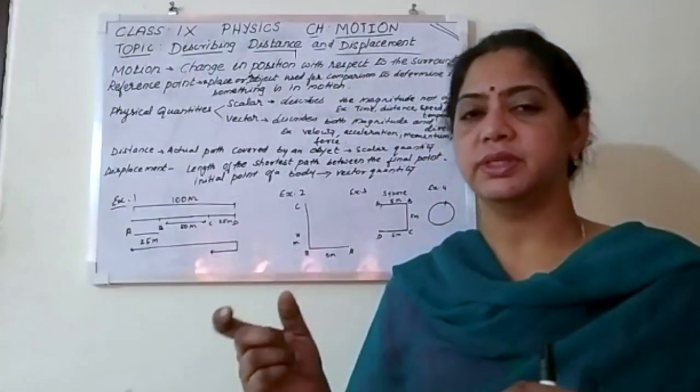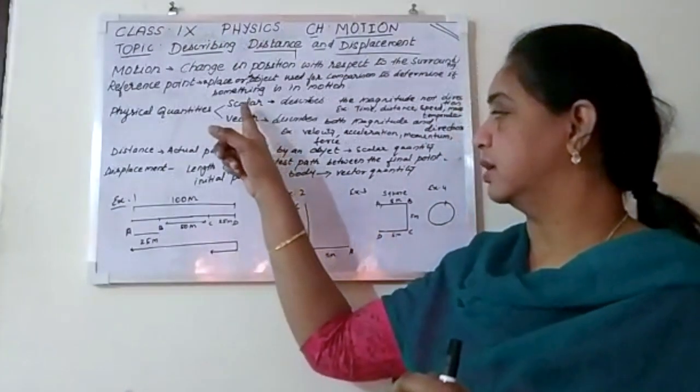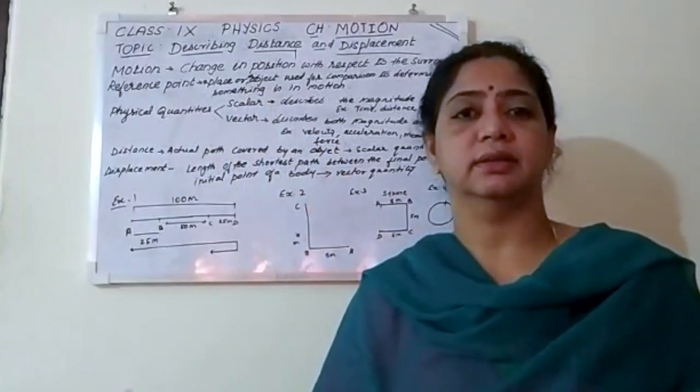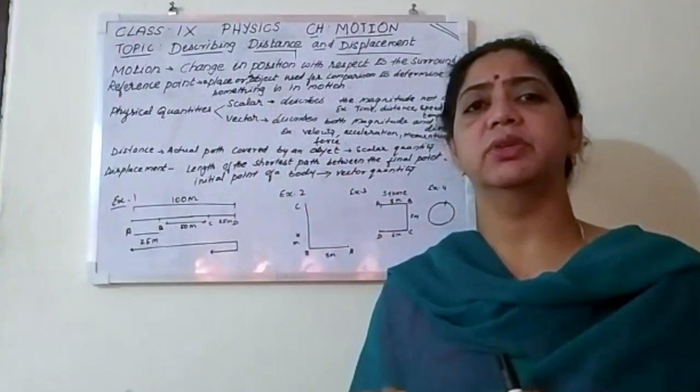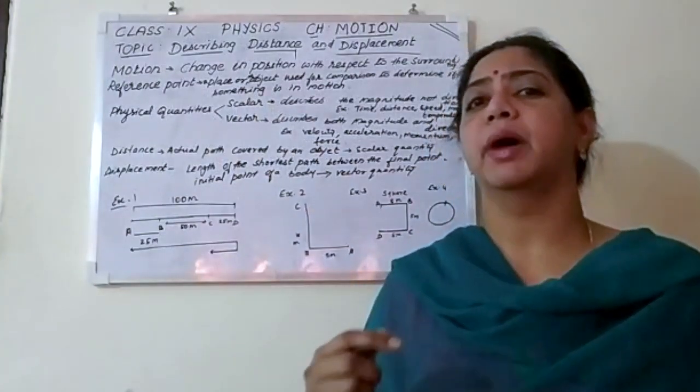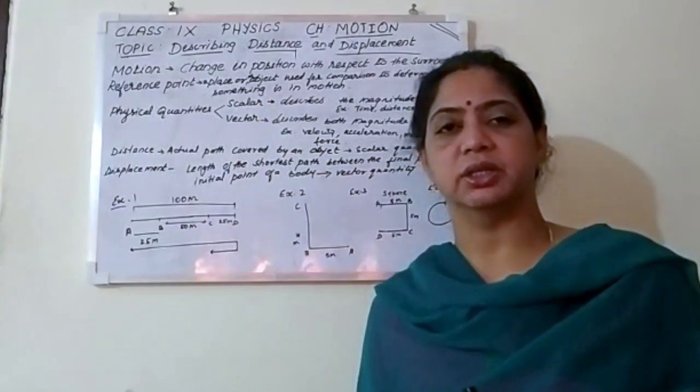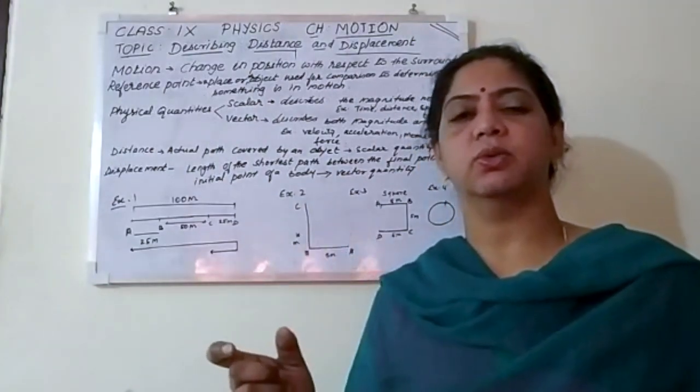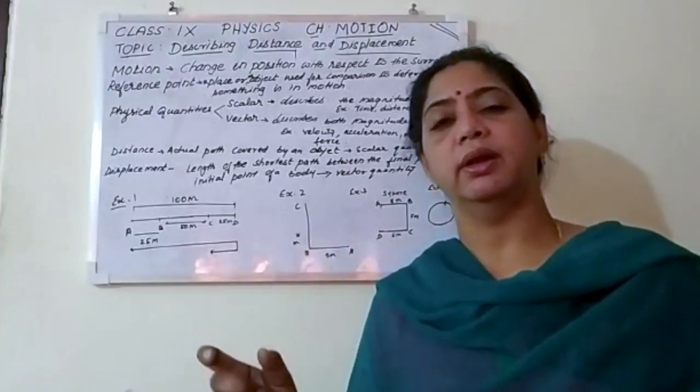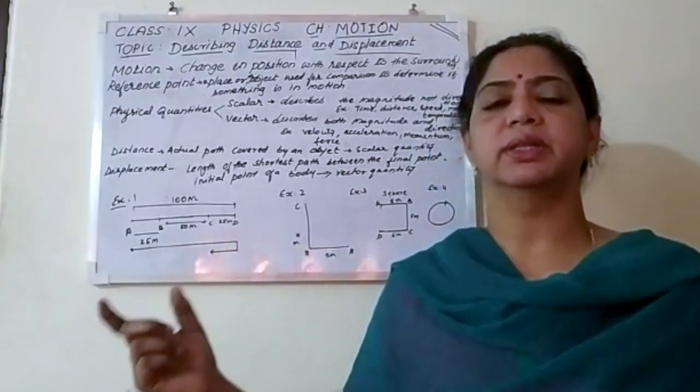So distance is the physical quantity which comes under scalar. What do you mean by scalar? Which shows only the magnitude but not the direction. So distance is the scalar quantity which describes only the magnitude but not the direction.